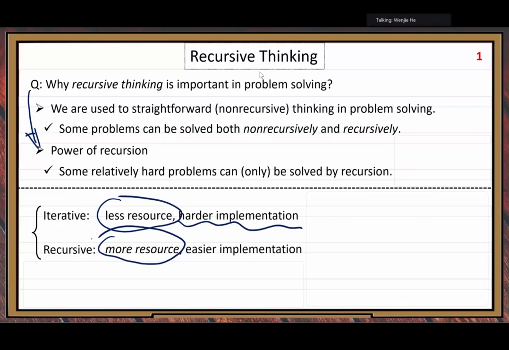Early computer programming languages did not support recursion. The question is, we need to understand how, inside one typical high-level programming language, recursion is implemented.